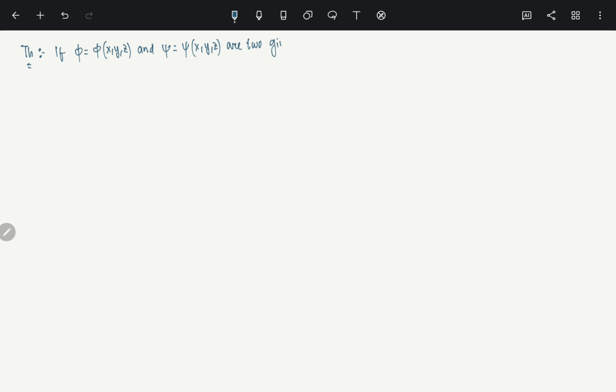We don't know whether these things are there or not. These are just given functions. Now, it is also said that f of phi, psi is going to be 0, for an arbitrary smooth f.